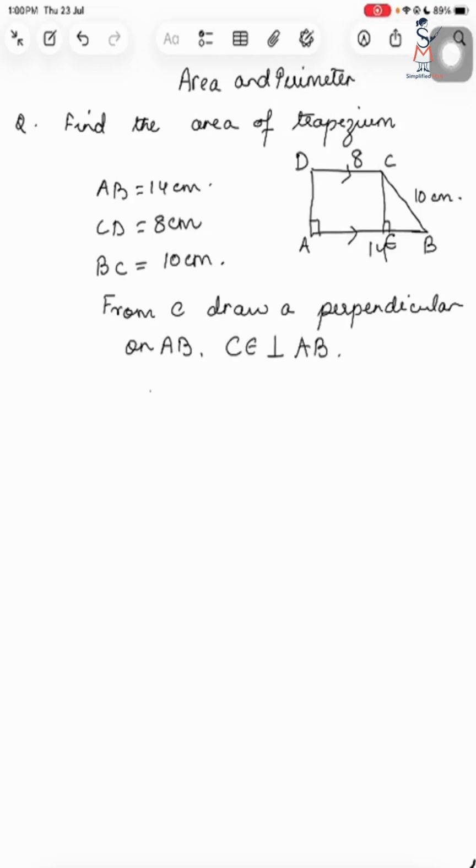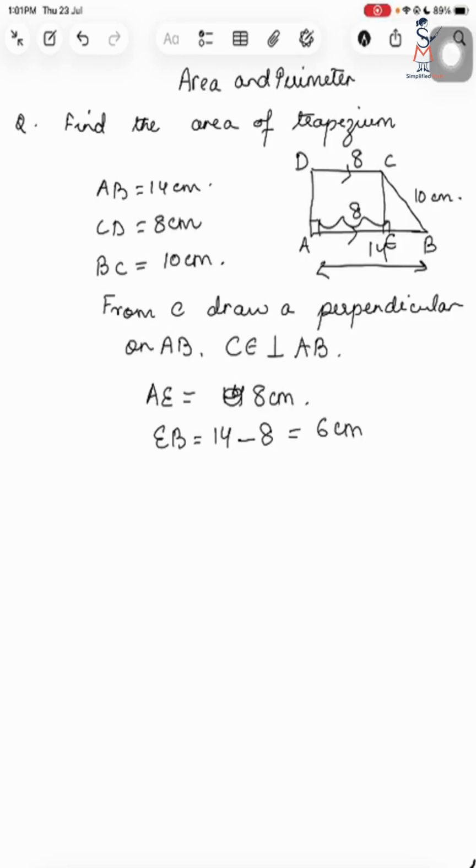Now how much will AE be? AE will be 14, which is AB, this whole length, minus 8. Sorry, AE will be 8 centimeter and EB will be 14 minus 8, that is 6 centimeter.